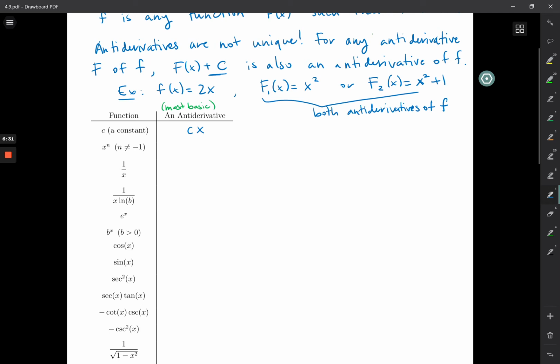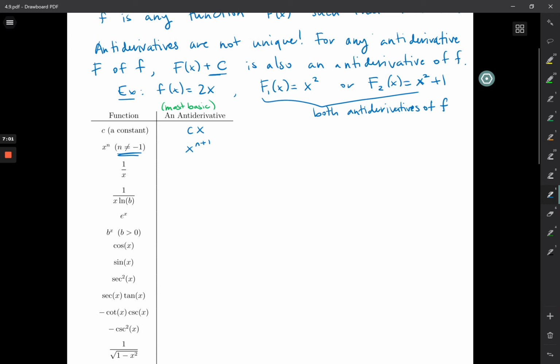If we have x to the power n, and it's really important that n is not equal to -1, then we have this sort of reverse power rule. So we do the power rule in reverse. So instead of subtracting 1 from the exponent, we add 1 to the exponent, so we get n plus 1, and then we have to account for when we take the power rule, we get that constant out front.